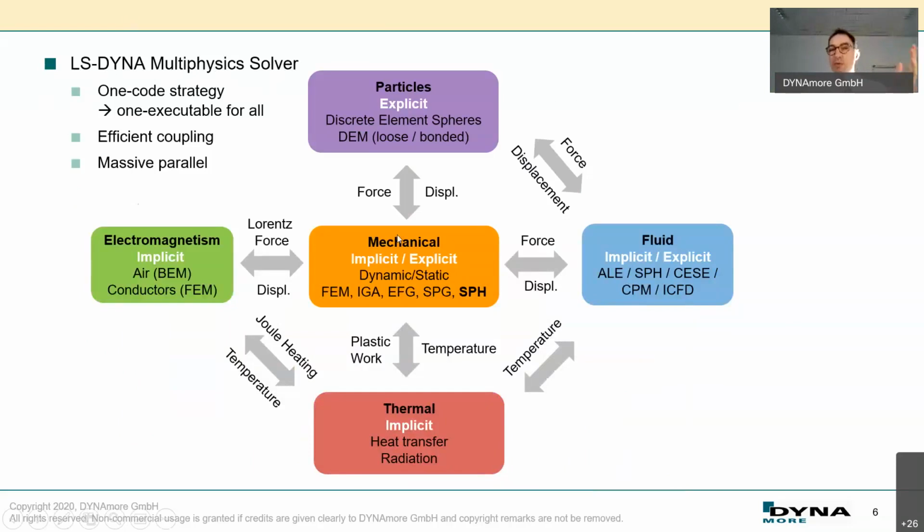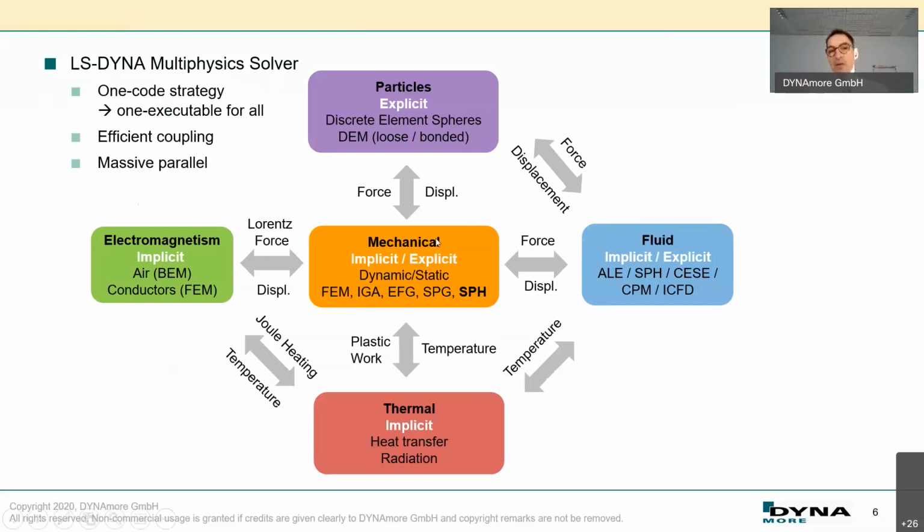Maybe you buy LS-DYNA to do crash analysis or mechanical analysis, but you also get particle methods, fluid dynamics, a thermal solver, and electromagnetism. It's all covered by one license because everything is built into one code. The idea of this one-code strategy is to make the coupling as efficient as possible.